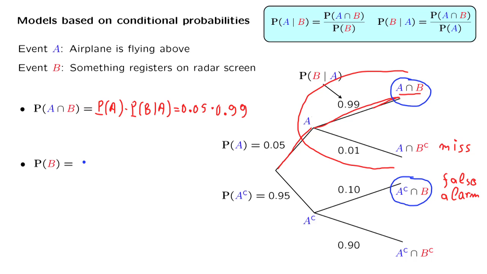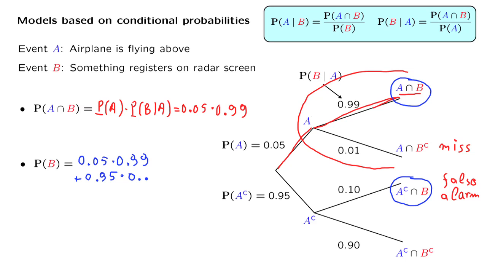For the first event, we already calculated it. It's 0.05 times 0.99. For the second possibility, we need to do a similar calculation. The probability that this occurs is equal to 0.95 times the conditional probability of B occurring under the scenario where A complement has occurred.